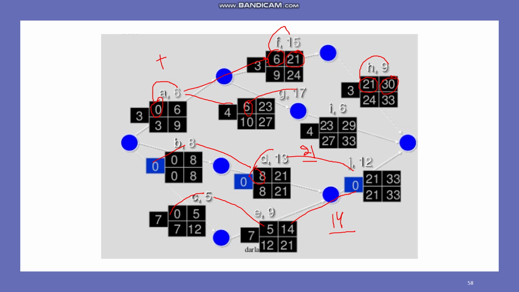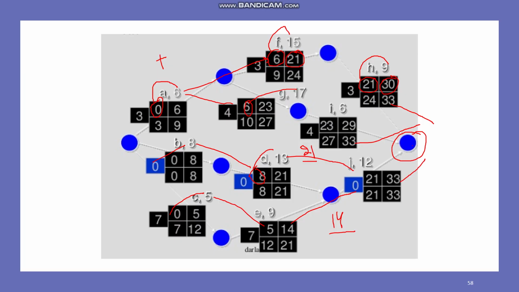Going back to the backward pass, if you see this end, this last time, we have the ending time of 33, 33, and 33.